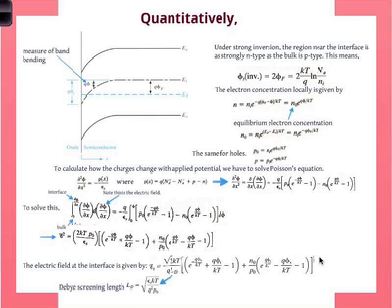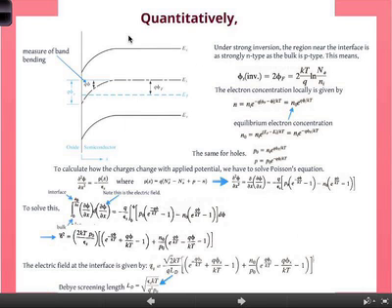Now let's do some math to understand this. It becomes a little complicated, but let's walk through it. We're looking at the inversion condition, which is the operating regime of the MOSFET. Let's just look at the bands first, because that's easy to understand. We have the valence band, a Fermi level that's flat, an intrinsic level, and a conduction band.